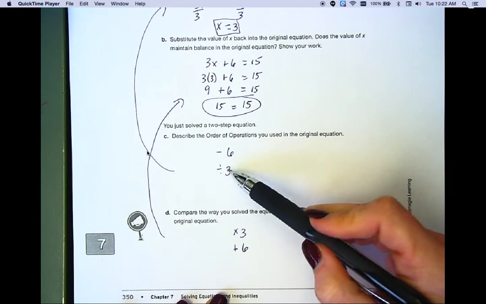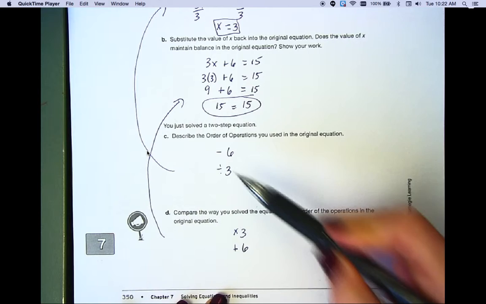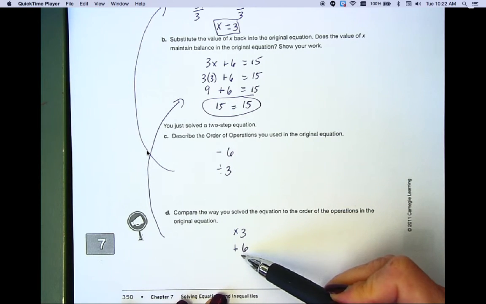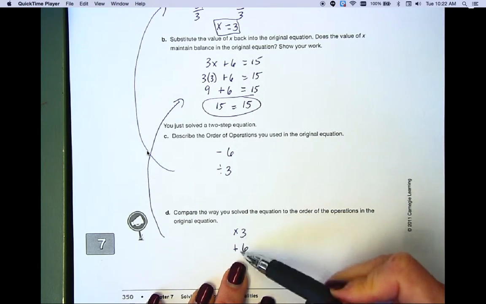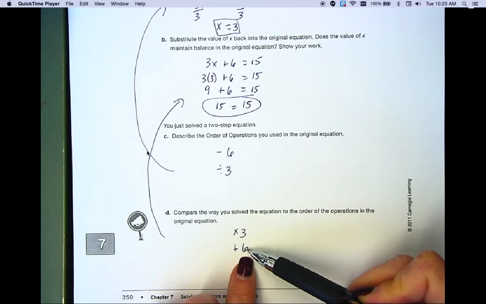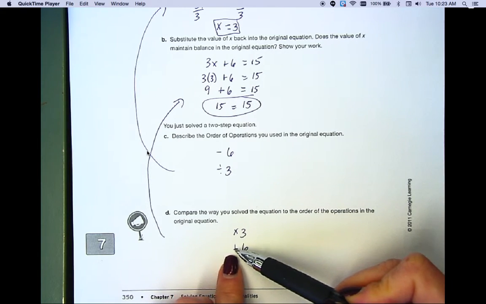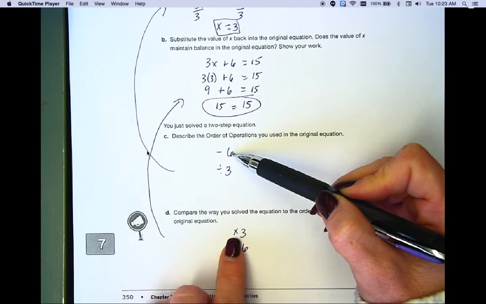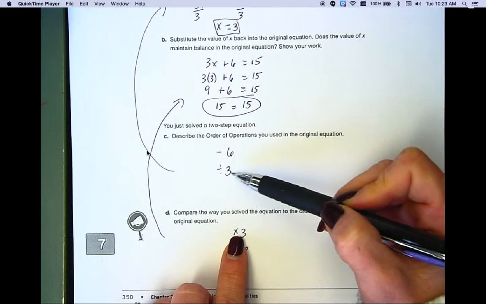So you will see that when solving equations, we do the opposite of what we do when we follow order of operations, and we do it in the reverse order. So first we multiplied by 3, last we added 6. So first we're going to do the opposite of this, subtract 6, and do the opposite of this, divide by 3.